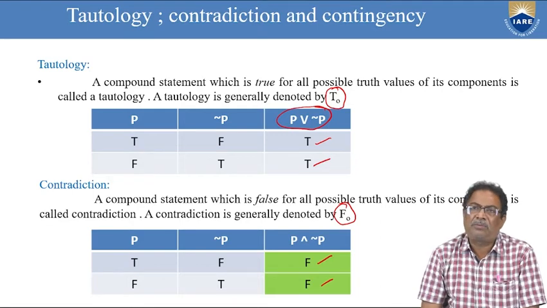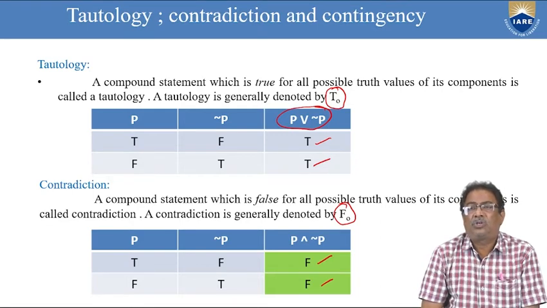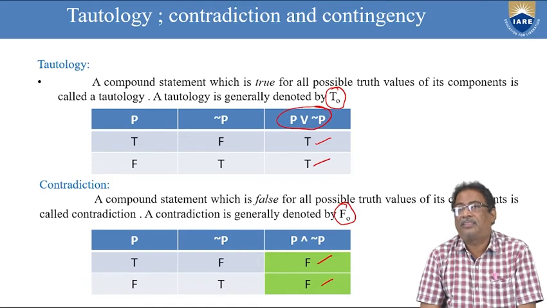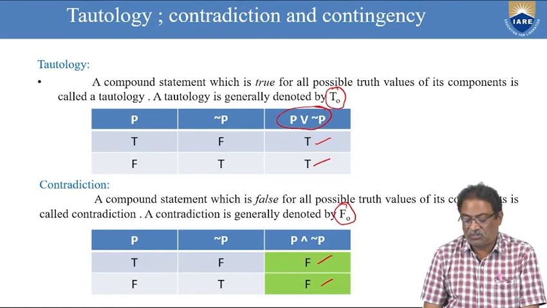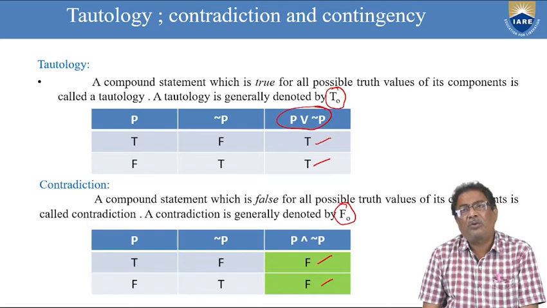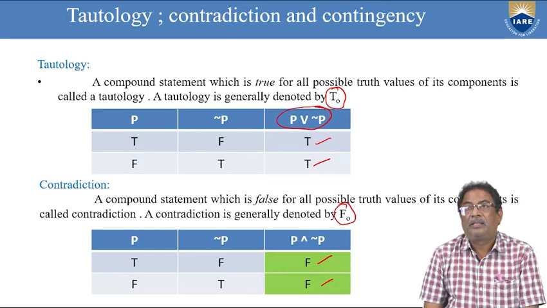This shows the difference between the truth values and the tautology and contradiction. Suppose we get both results, true for some combinations and false for some combinations, then the compound proposition is known as a contingency.